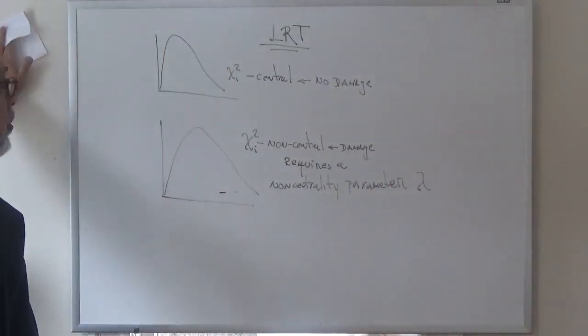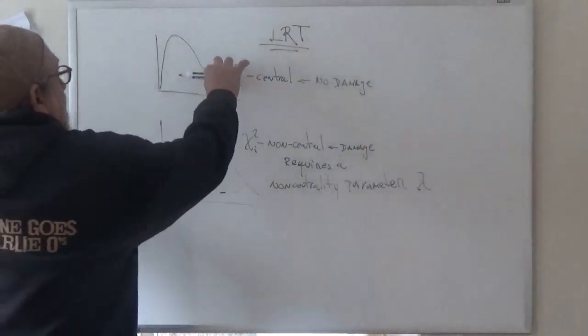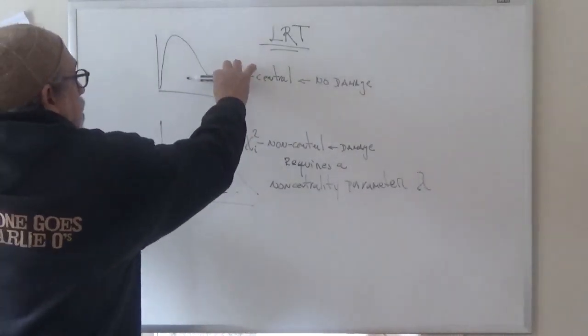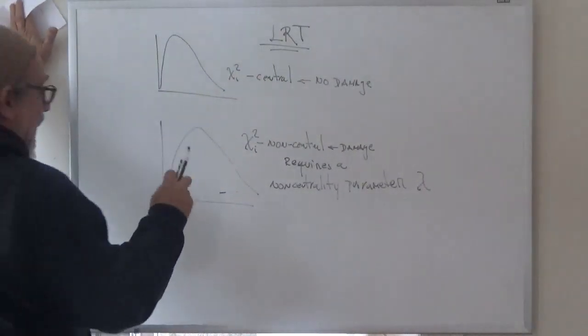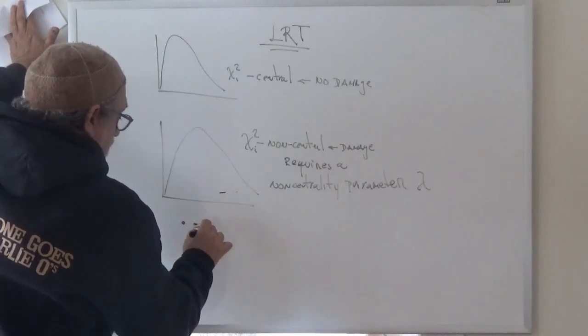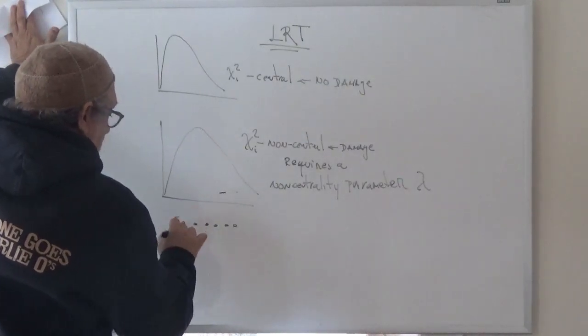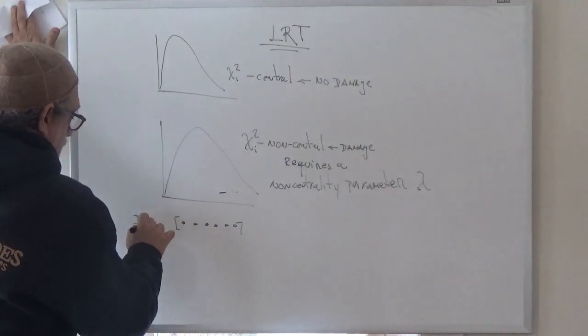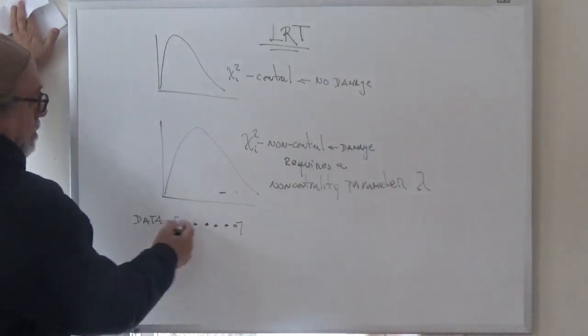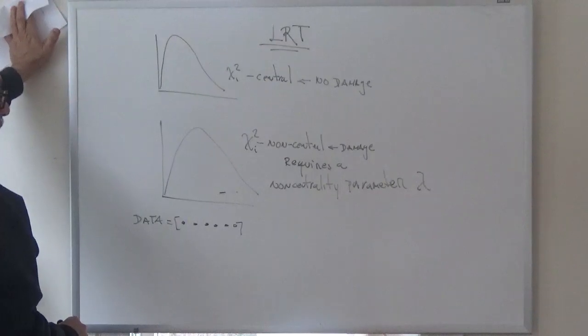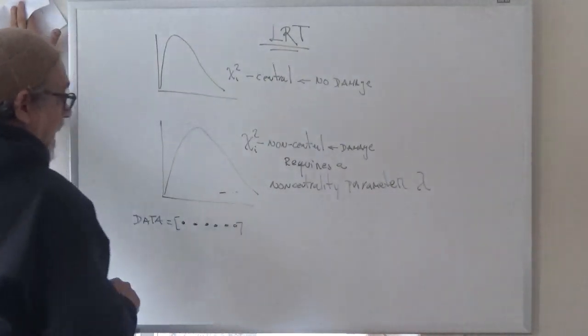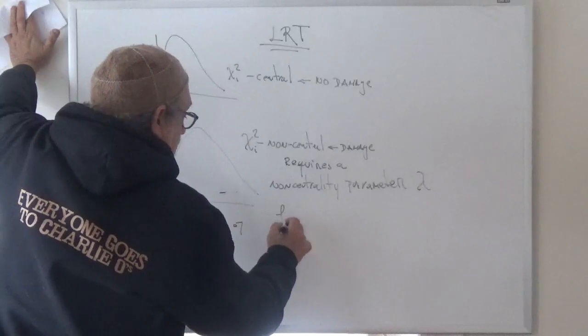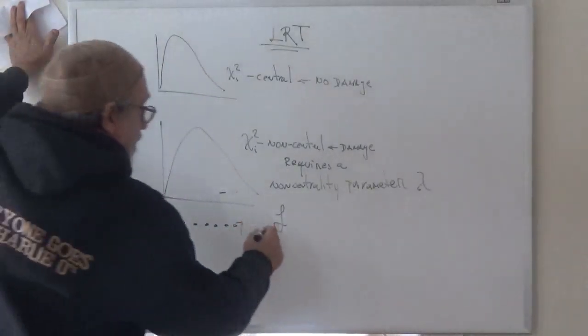So in the likelihood ratio test, please go back to the previous lecture to review it, but in the likelihood ratio test, we operate with the log of the likelihoods, and we have a set of data. I'll just put it informally here. We have a set of data, a number of measurements, and we calculate the likelihood of that data under two hypotheses.